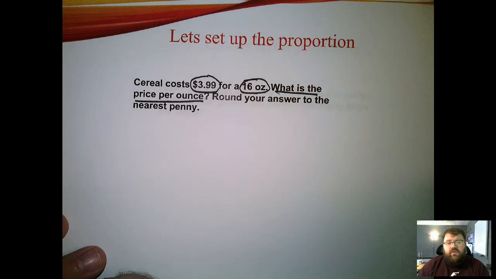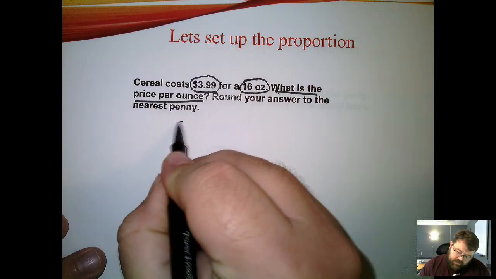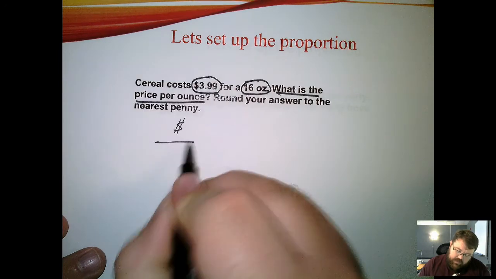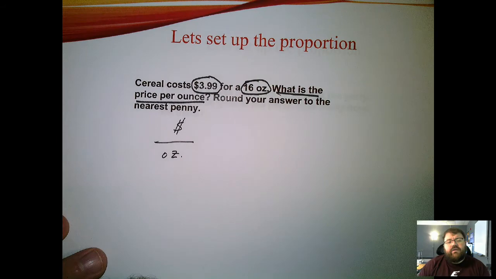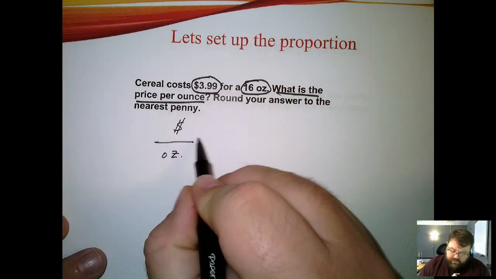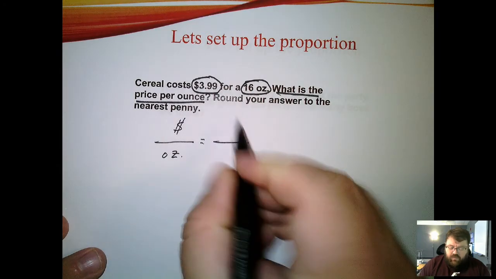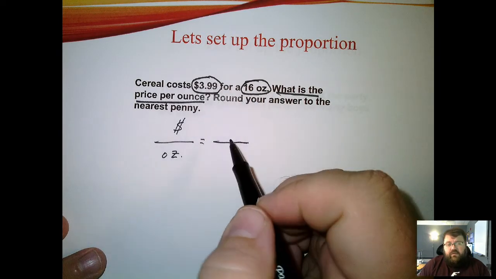So from here, you need to identify what two things we're talking about. We're talking about money, and we're talking about weight or ounces. Now look for your given ratio. Look inside the problem. What was given? 3.99 and 16.